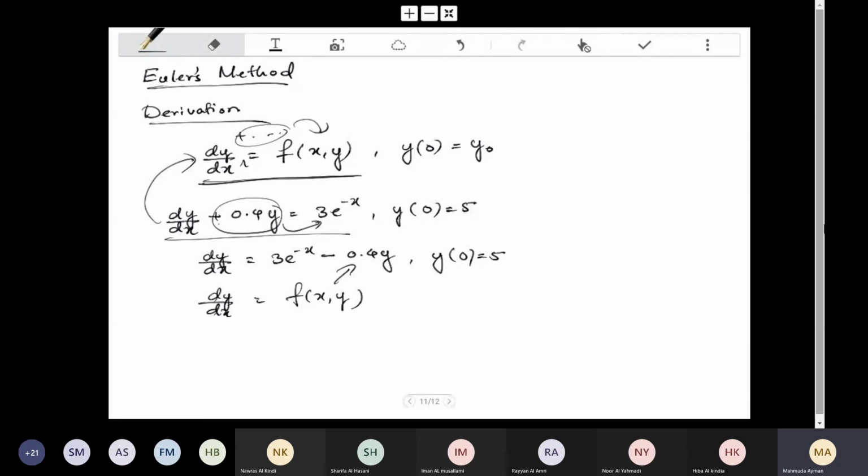That's what I'm saying here, just to make it in the form that we can solve Euler's method in. Okay, thank you. You're welcome.